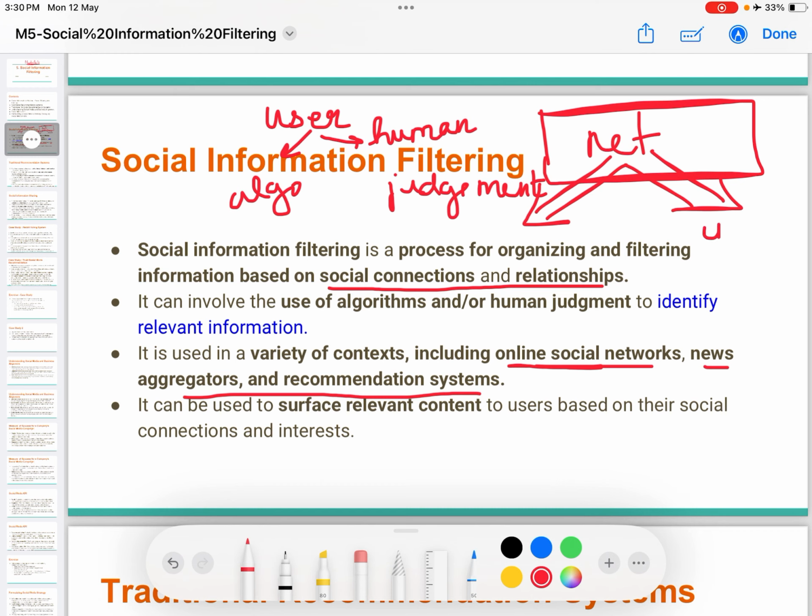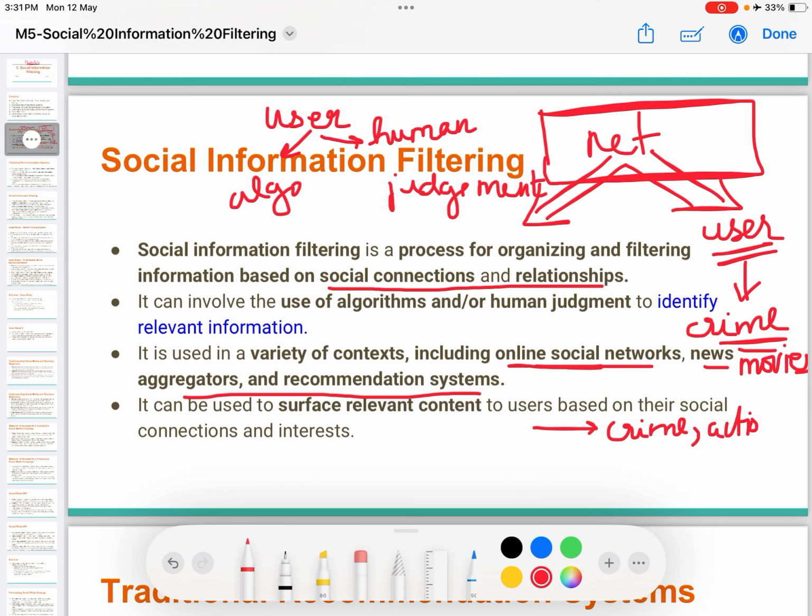So for example, if there is a user and say the user is watching crime genre, then crime related movies, criminal dramas or action thrillers, if he is watching, then action thrillers will be recommended to the user. So how is this being done? This is being done because the user has already viewed some of the movies based on these topics like crime thrillers, action thrillers and so on, or say horror movies.